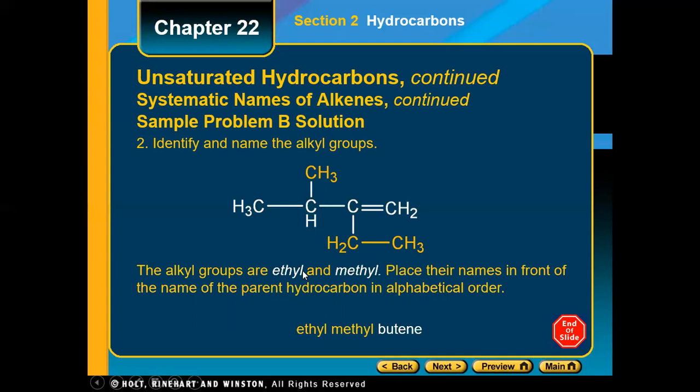Okay, so you know that you have methyl, ethyl, butene, but you always have to respect the alphabetical order. So the ethyl is going to be mentioned first and then the methyl. So you have ethyl, methyl, butene.